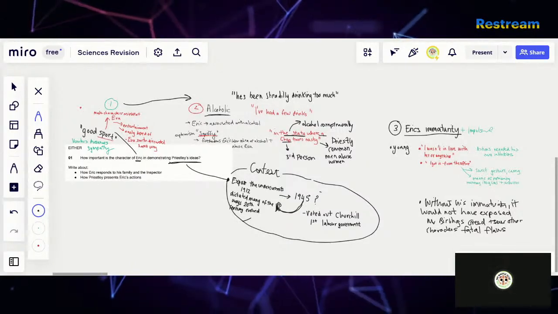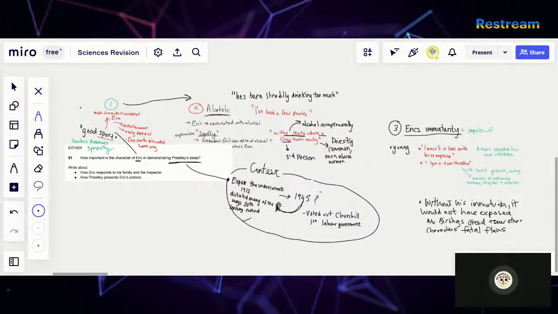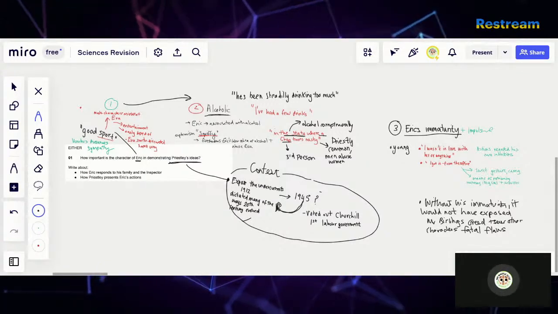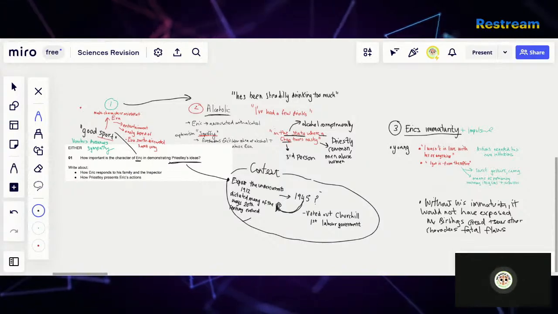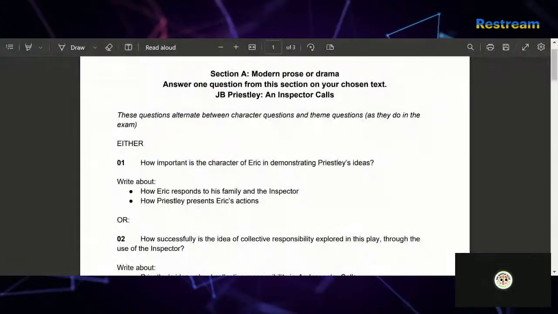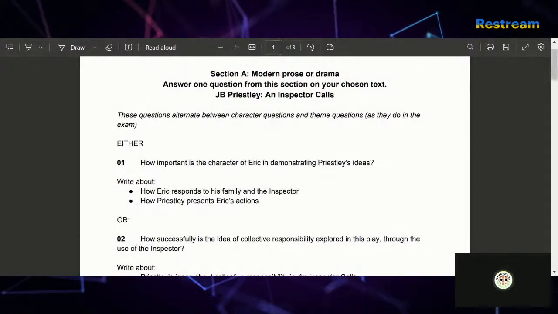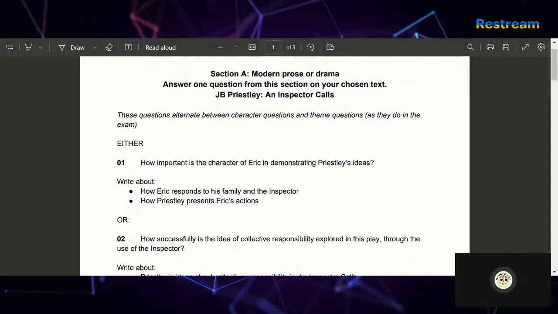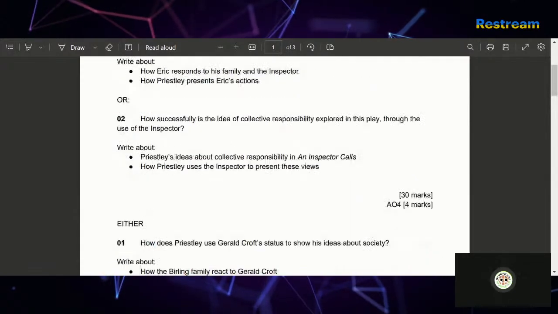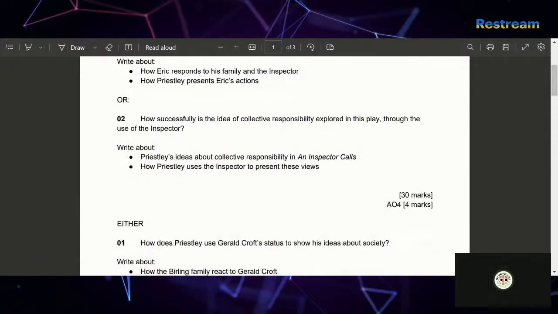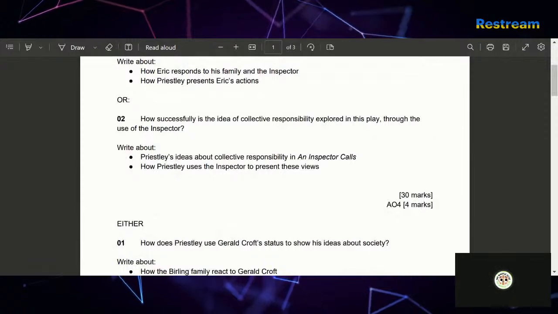So now we've done Eric, I'm going to move on to the theme question that was suggested. The theme questions tend to be of a wider and broader lens. So in this instance, the theme question is, how successfully is the idea of collective responsibility explored in the play?